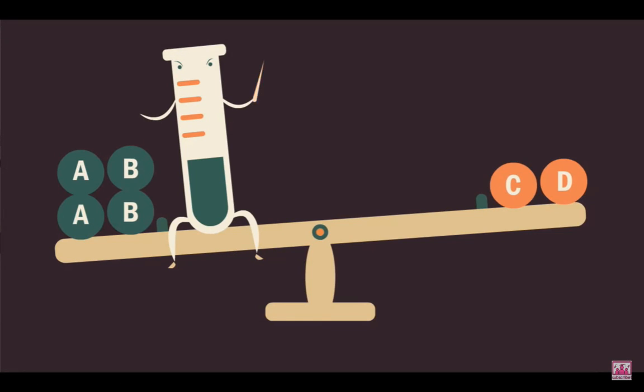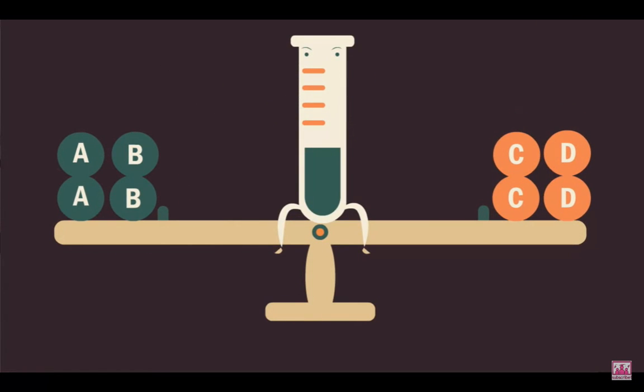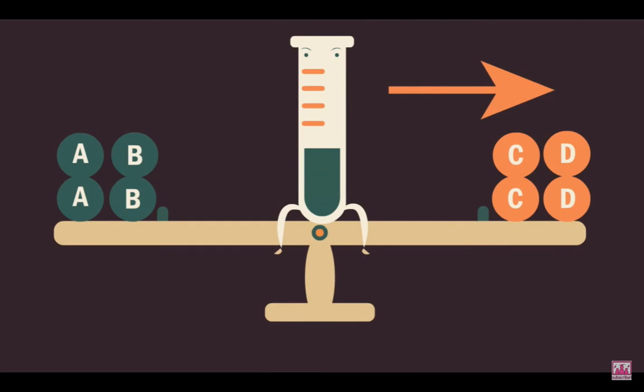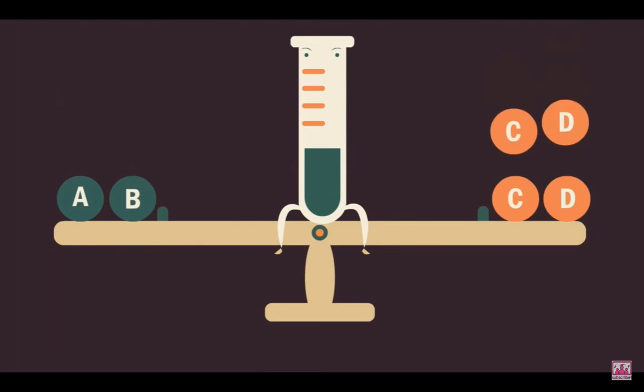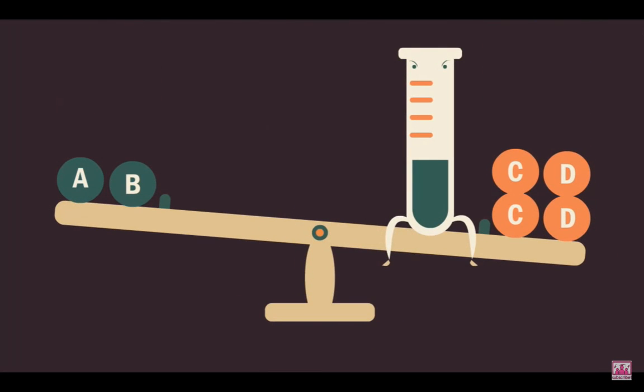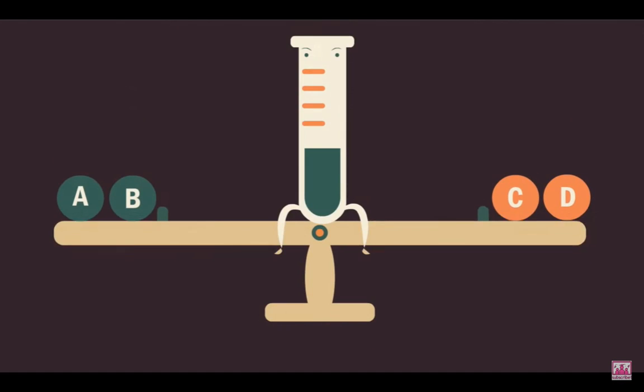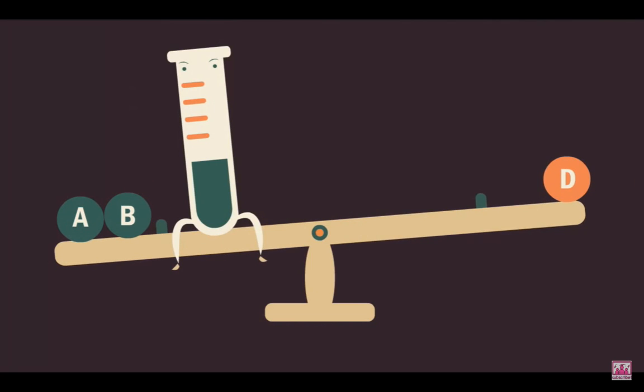To counteract the stress, more C and D are produced, so equilibrium shifts to the right. When concentration increases, equilibrium shifts to the opposite side of the reaction. When concentration decreases, equilibrium shifts to the same side of the reaction.